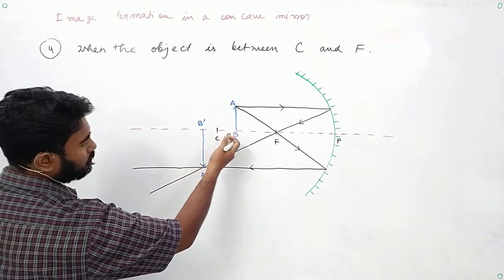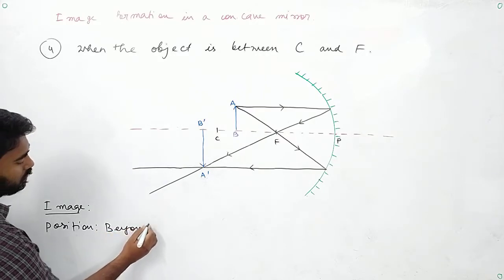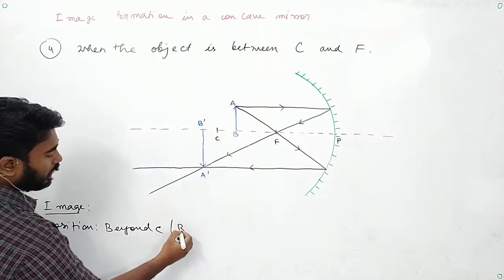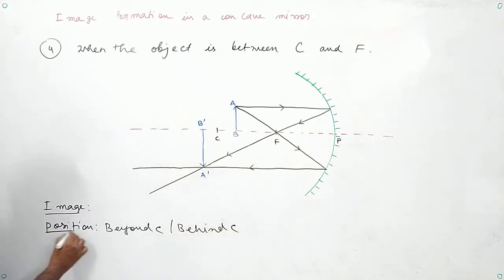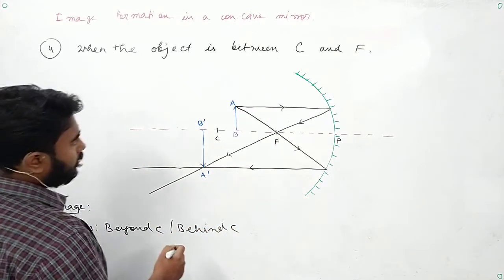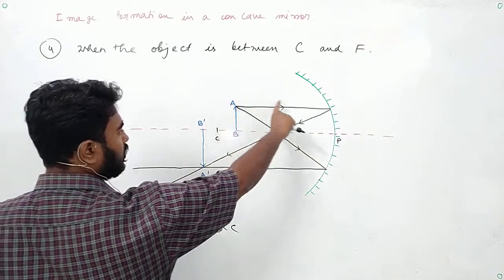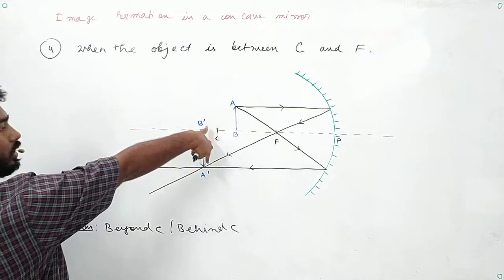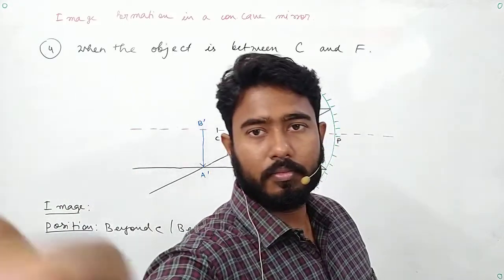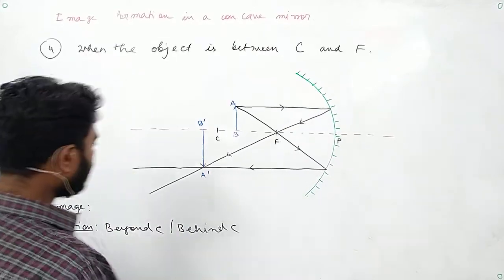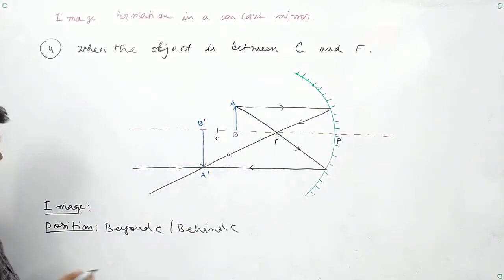The position is beyond C, or you can say behind C. Second is, see, this one is upright. After deflection, it got inverted.